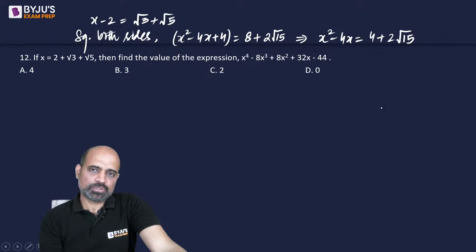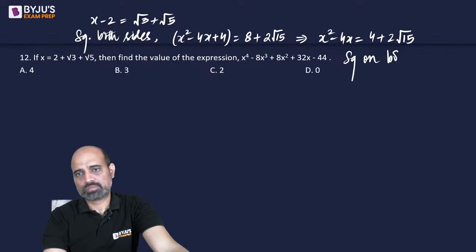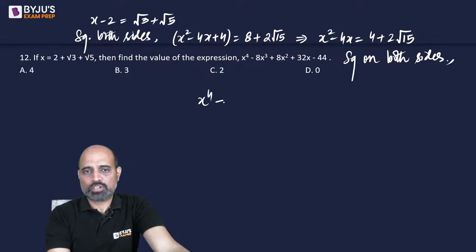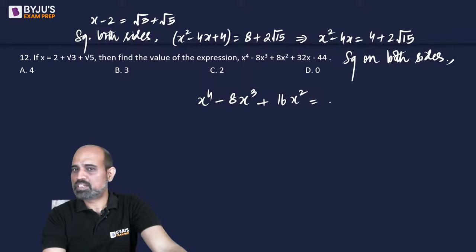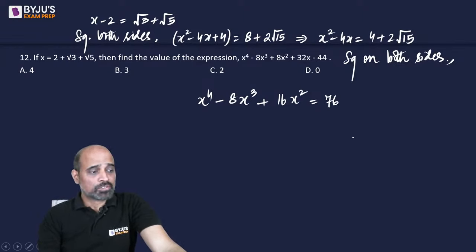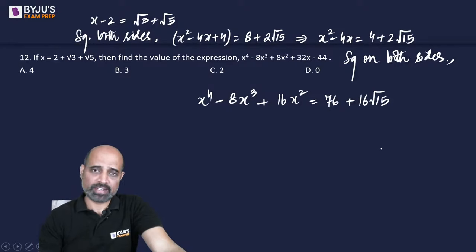Now, if I happen to square it again, on both sides, we will be getting x to the power 4 minus 8x cube plus 16x square is equal to 4 plus 4 into 15. 4 into 15 is 60. 60 plus 16 is 76, plus 4 into 2, 8, 8 into 2, 16 under root 15, right? So this is what I will get on the right hand side.